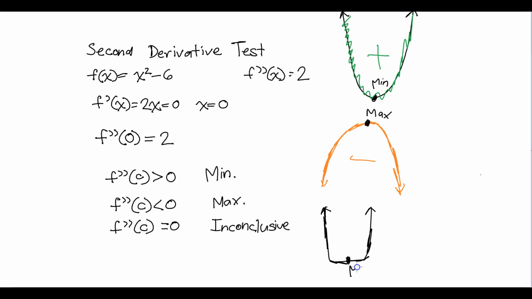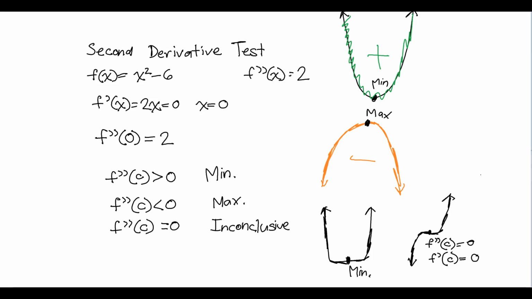However, it is a minimum; the first derivative test does show that. However, when you have a graph like this, there is also a point where f prime prime of c is equal to 0 and f prime of c is equal to 0. The slope is 0 at that point, and the second derivative is also 0 because this is a point of inflection.